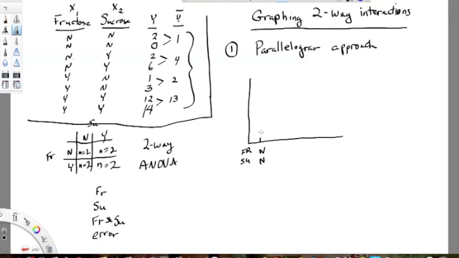So for example, our first point will be no fructose and no sucrose. And then our second point will be yes fructose and no sucrose, or no fructose and yes sucrose. Or sorry, it'd be y there, y for yes.